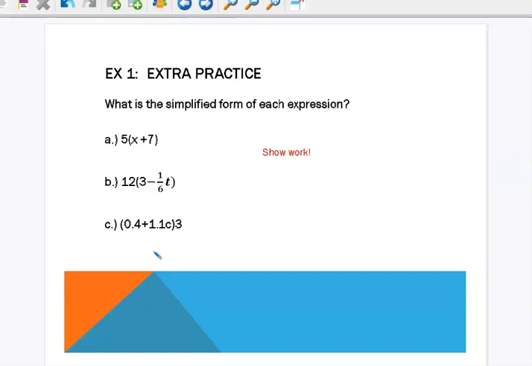Okay, we're back. So let's look at what the answers are for these three problems. The first one, the second one, and the third one. These are your answers: 5x plus 35, 36 minus 2t, and 1.2 plus 3.3c.